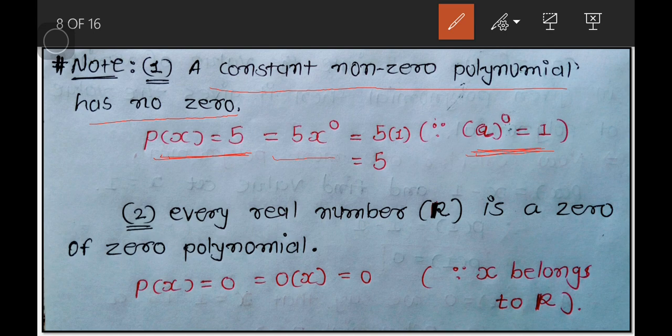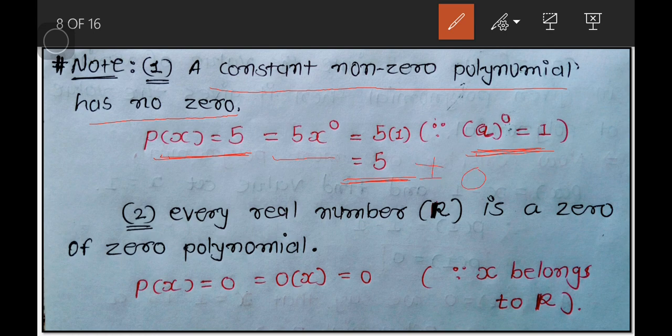Every time, whatever value of x we put, we always get the constant value c. So a constant non-zero polynomial has no zero, because it is always equal to c, it never becomes zero.